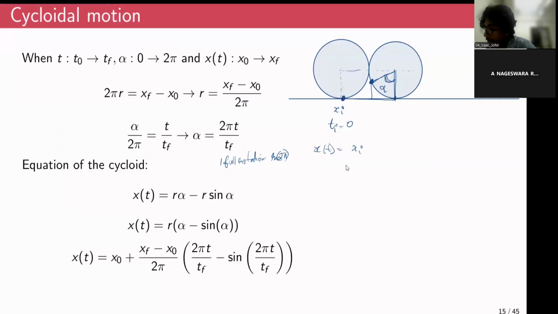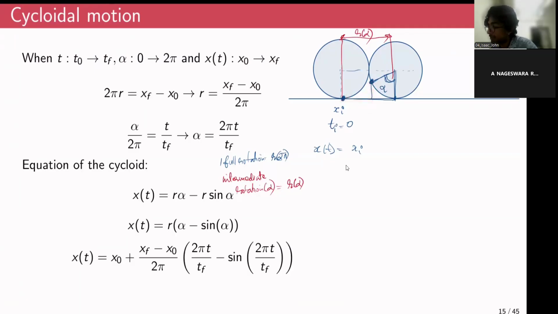I'll just label it over here. This distance would be r multiplied by the angle, r alpha. So at an intermediate rotation by alpha, the distance moved would be r multiplied by alpha. But then you are only interested to find out the distance of this corresponding point, which is this distance.